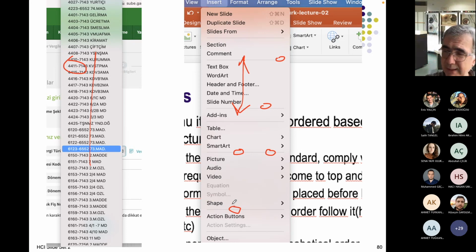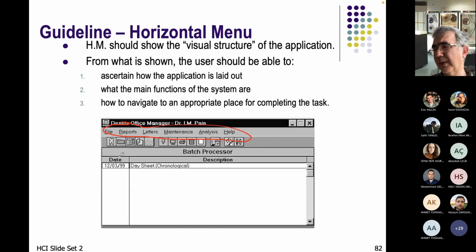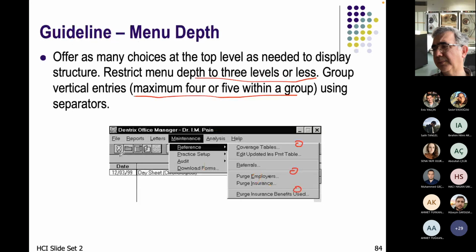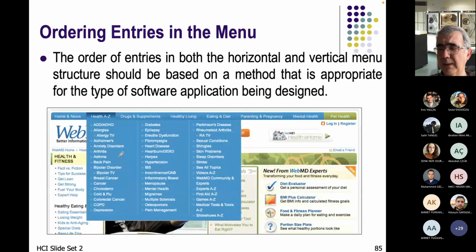If there are too many, then you should redesign the structure. So ordering entries in the menu, both horizontal and vertical structure, should be based on the method that is appropriate for the type of the software application being designed. This is alphabetical.